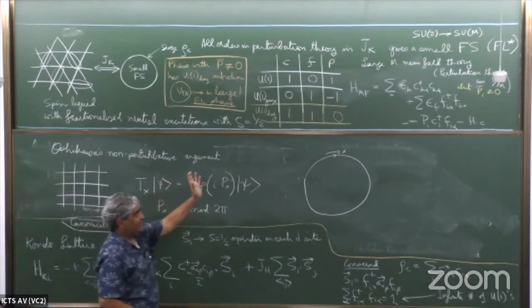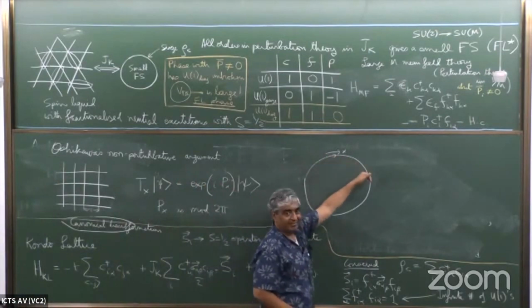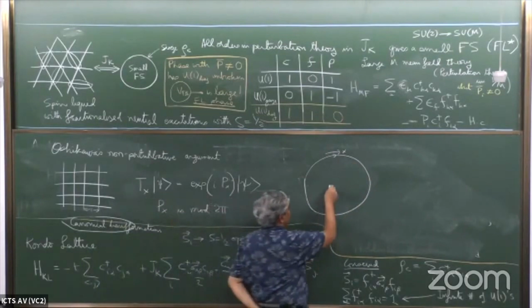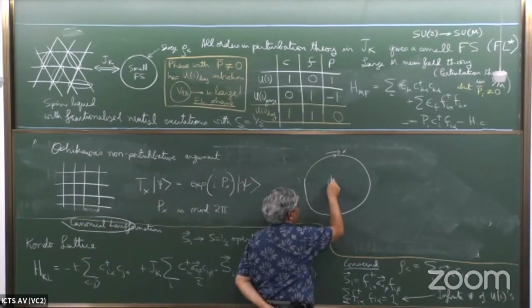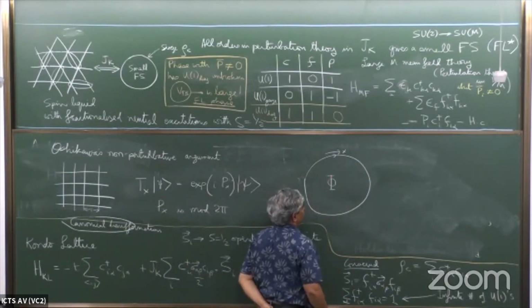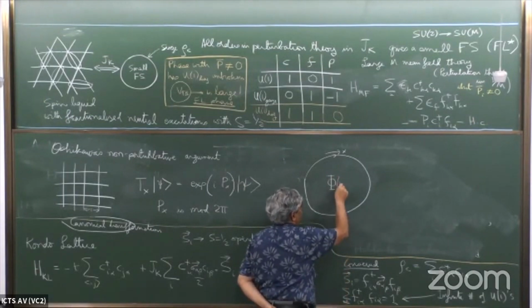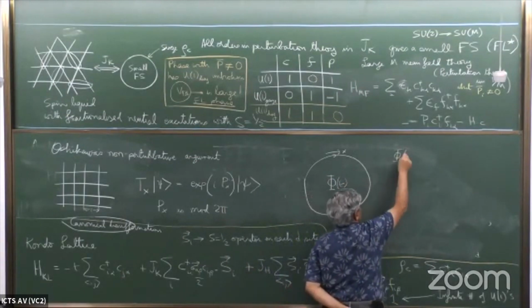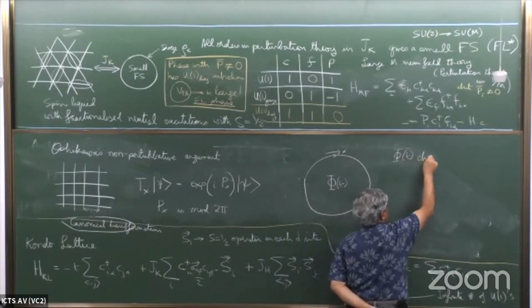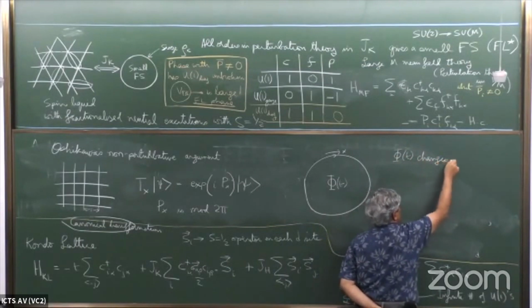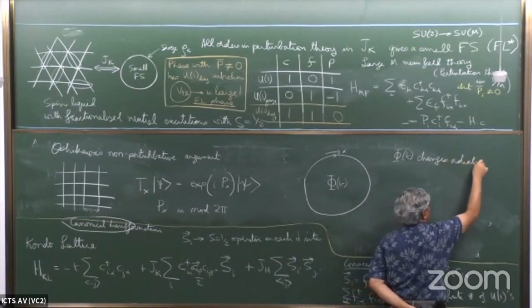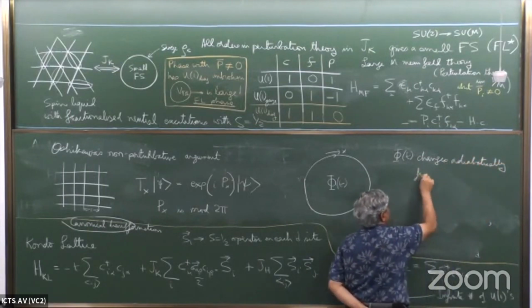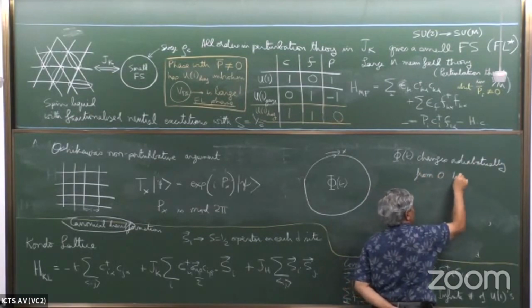So it's as if I just have 1D fermions moving on a perfect ring. Okay. And what I'm going to do is insert a flux phi in the center of this ring. So I'm going to take phi of t, and phi of t changes adiabatically from 0 to 2 pi.